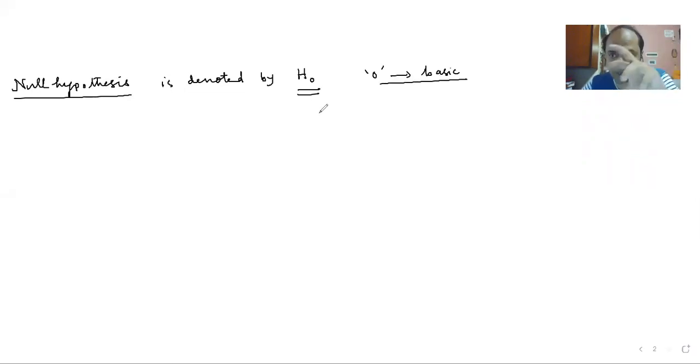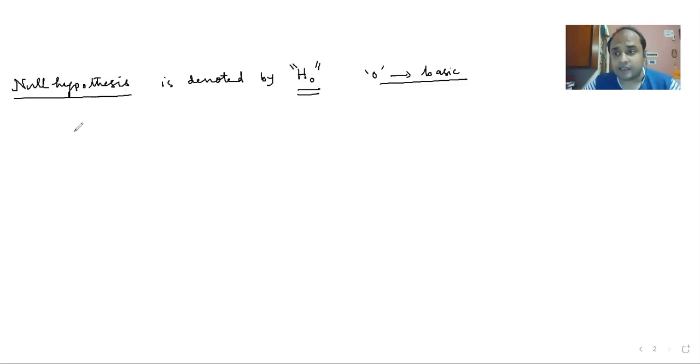Switch on can be denoted by 0 and switch off by 1, or vice versa. Anyways, I am declaring this hypothesis as my basic hypothesis, so I consider 0 here. Or you can say that 0 comes from there being no difference, so the difference is 0. Anyways, this is a notation.